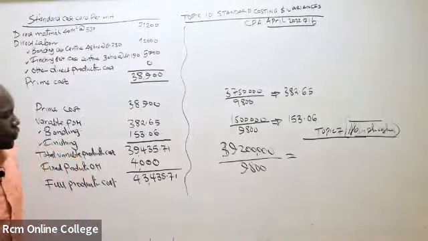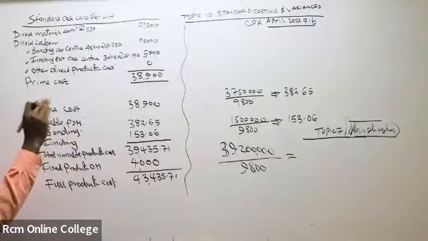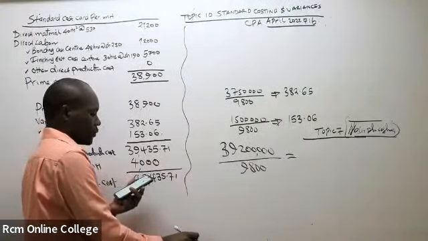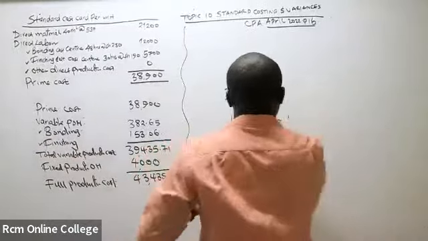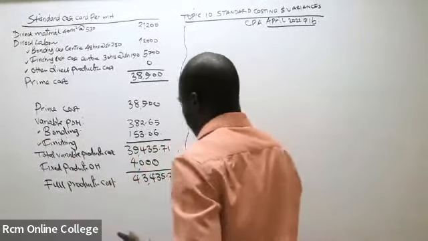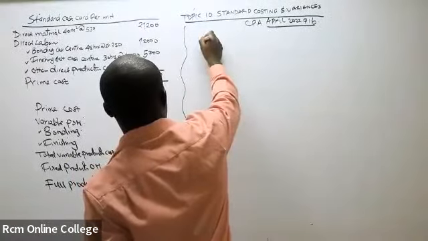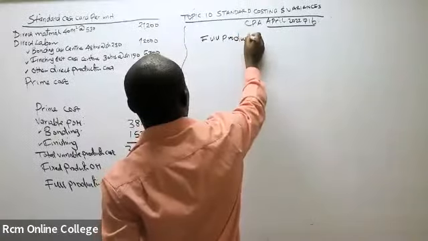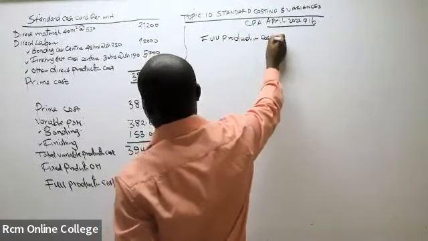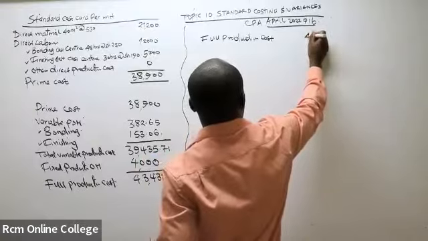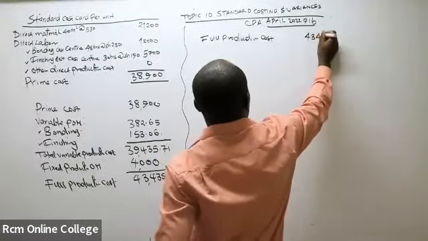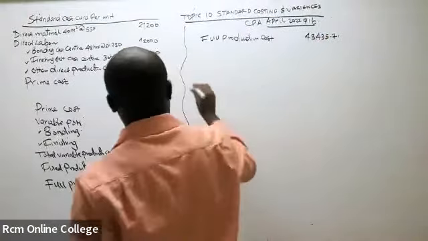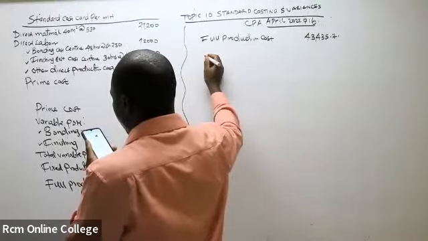Total cost. So to the total production cost, we need to bring in the non-production costs. So let me come to this point. Because of space, I'll just transfer my full production cost, which is 46,435.71, right? Then to that, we bring in now the non-production expenses.